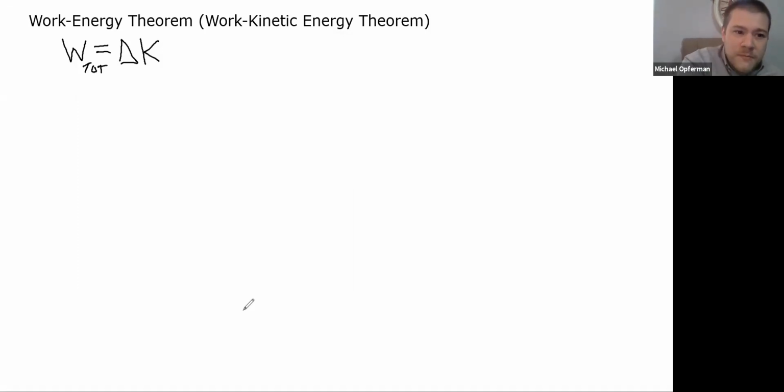Case number one, you might be considering the total net work done on an object, in which case it's the change in kinetic energy, and that's perfectly fine. I'm not saying that's wrong, but that's not always what you're calculating in a given problem.